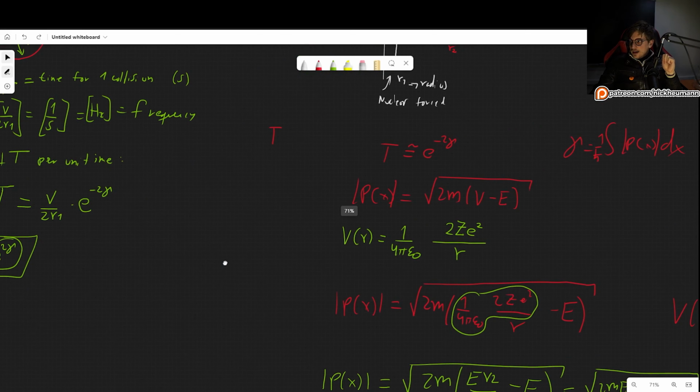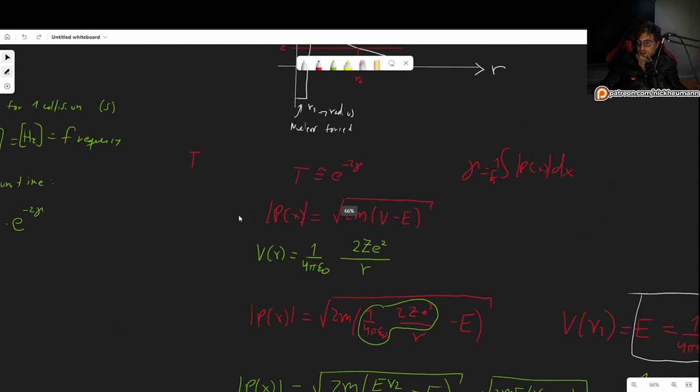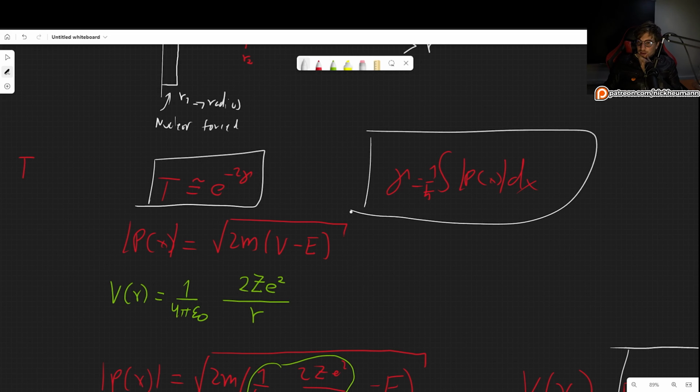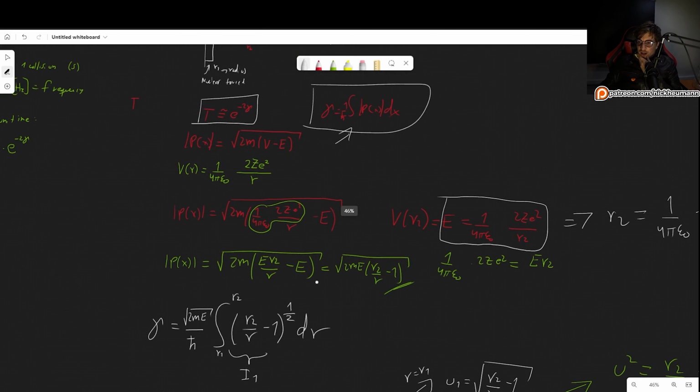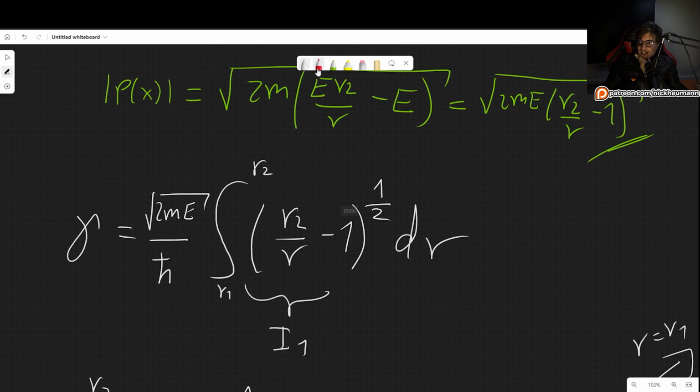So basically, just recapping here, although this problem may have looked very difficult, all we did was say, all right, the transmission coefficient is this, we need this gamma, and all we did was solve this one integral. That's all we did, because this integral was the entirety of the problem.